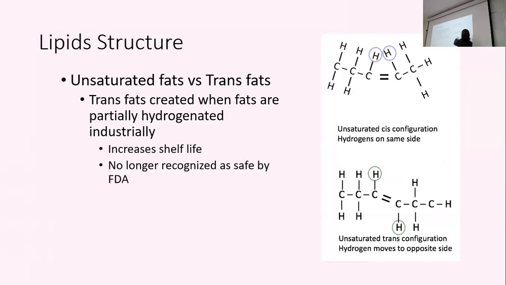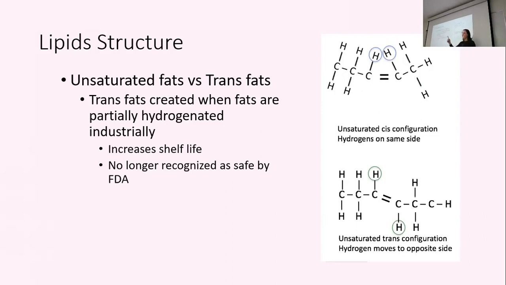Versus a trans configuration, right? If you industrially hydrogenate your oils, you have these hydrogenated oils, you end up with a trans fat where the hydrogens are pointing in opposite directions off either side of the double bond. And instead of having a little bend, you get kind of a little like slope, right?